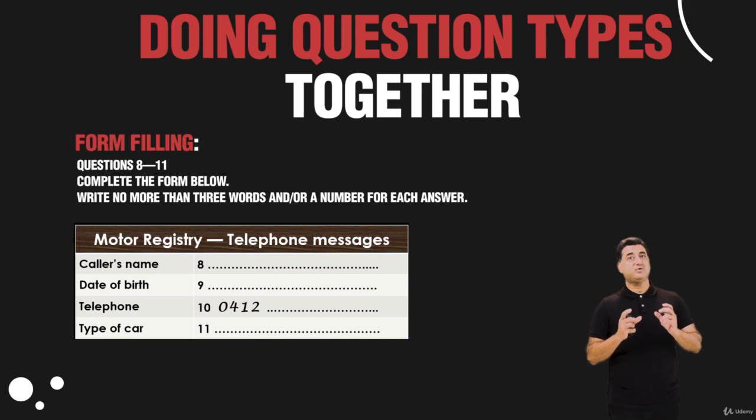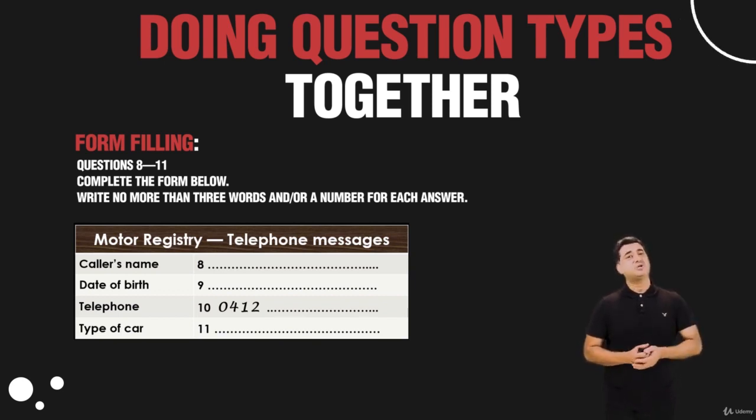Now here there are a few things that I need to tell you. Number 1, the answer should not be more than 3 words. But in addition, we can have a number also. Or we can have 2 words and a number. So you are allowed to write up to 3 words and or a number.